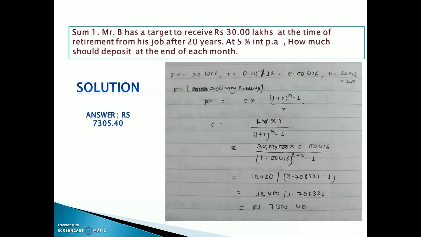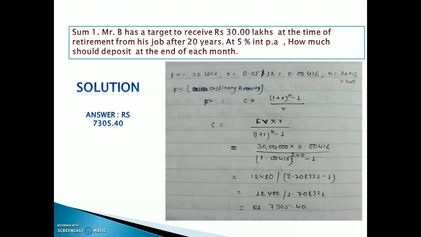Now we have to understand which formula will apply here. Since Mr. B has a target to receive rupees 30 lakhs at the time of retirement from his job after 20 years at 5% interest rate, what amount should he deposit at the end of each month?